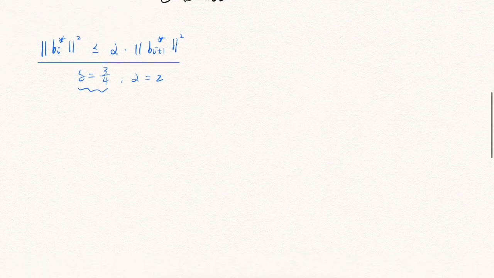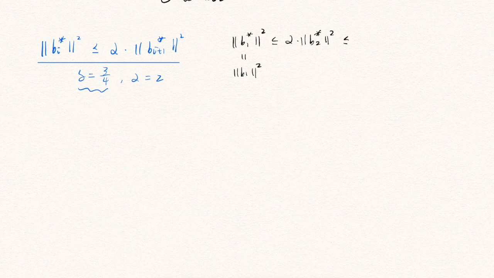The first thing we notice is, given this, we know B1 star, which by the way equals B1, is smaller than alpha times B2 star square, sorry, there's a missing square here, and smaller than all the way to alpha to the D minus 1 times BD star square. So we know that.